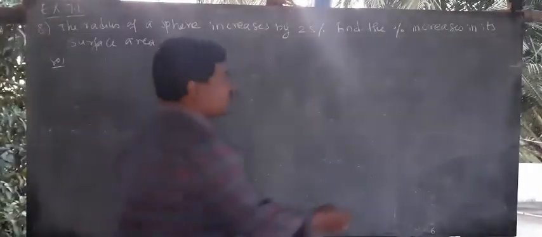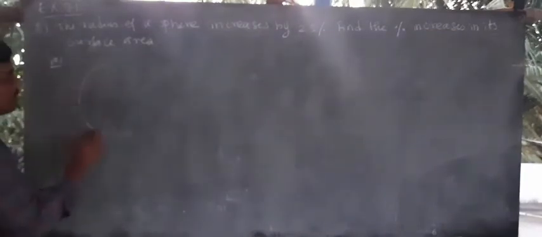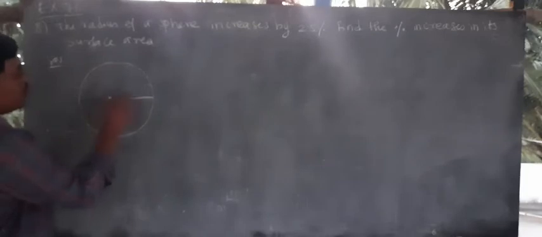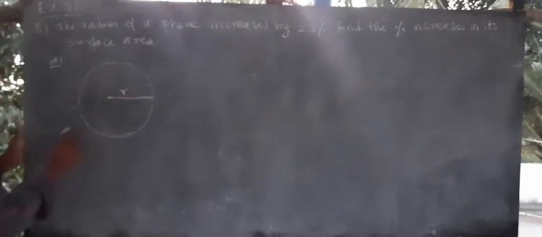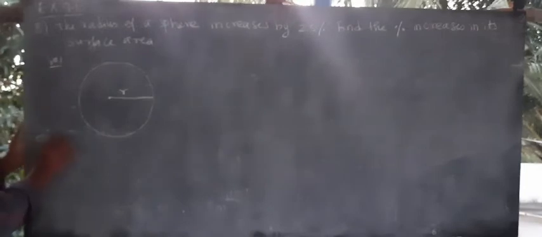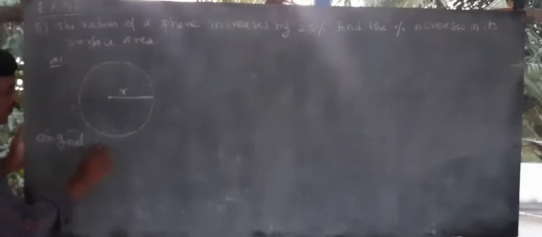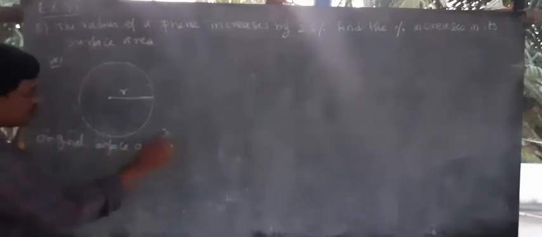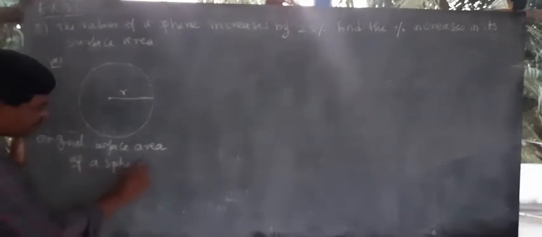So listen here. This is one sphere. The radius is R. This is the surface area of the original sphere.